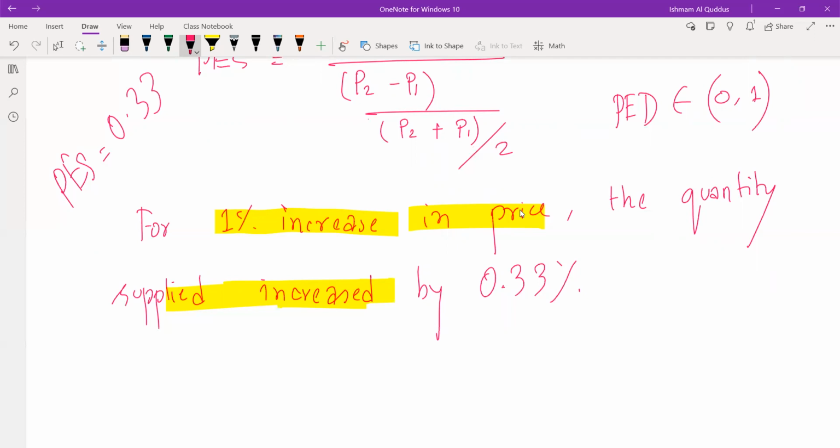Likewise, if there is a decrease in price, then the quantity supplied declines or falls. So price goes up, quantity supplied also goes up. Price goes down, quantity supplied goes down. So that's why supplied increased by.